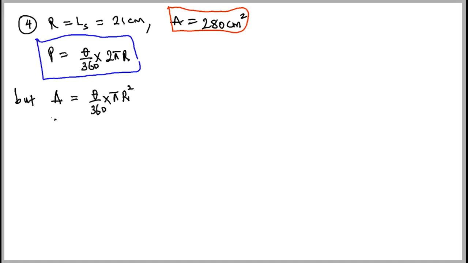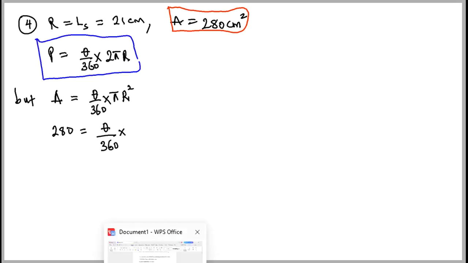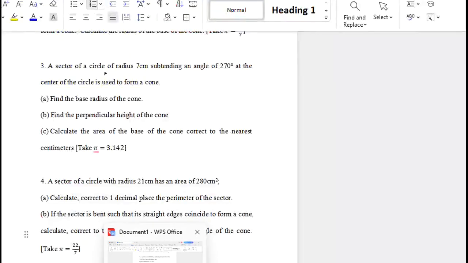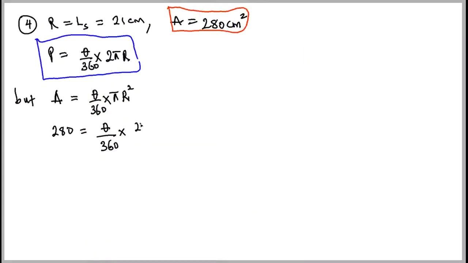Now my A here is 280. Put 280 here, equal to theta, which we don't know, over 360 times pi. We are asked to take pi as 22 over 7, times the radius of this sector, 21, then we square it, over 1.